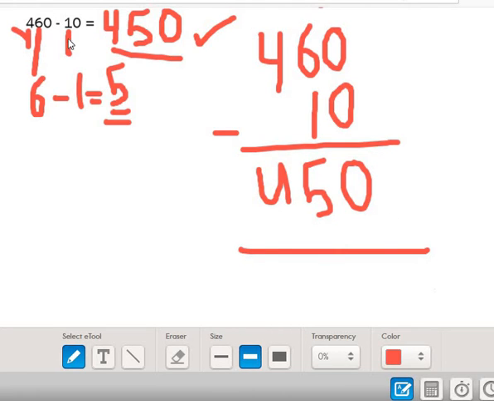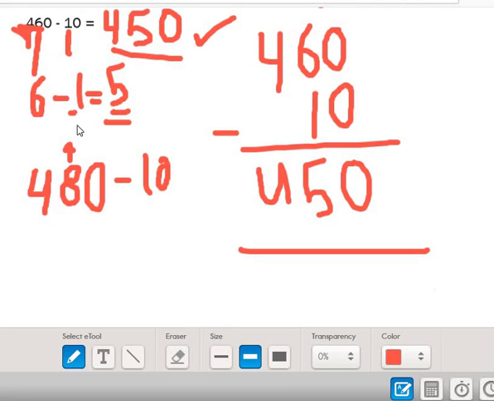So the idea is when we subtract 10, we subtract from the tens digit in the first number here. If we subtract 100, we subtract from the hundreds digit. Like next time, if we see 480 minus 10, we will look at this digit and say 8 minus 1 equals 7.